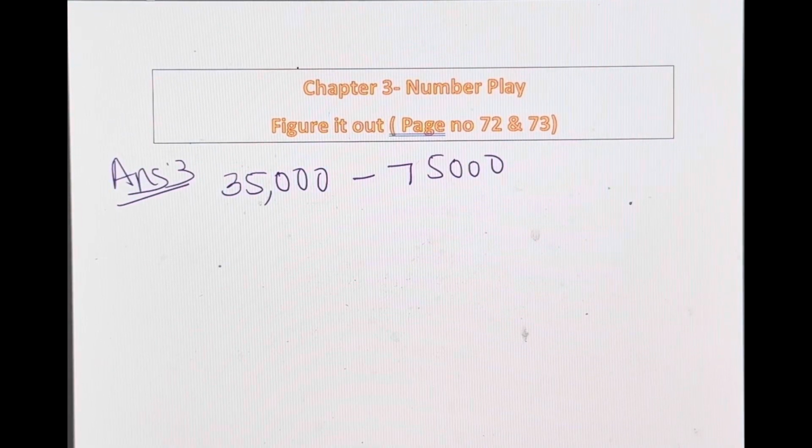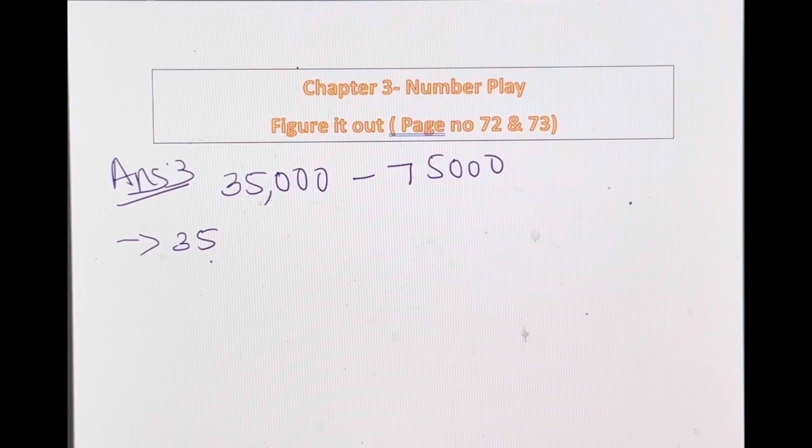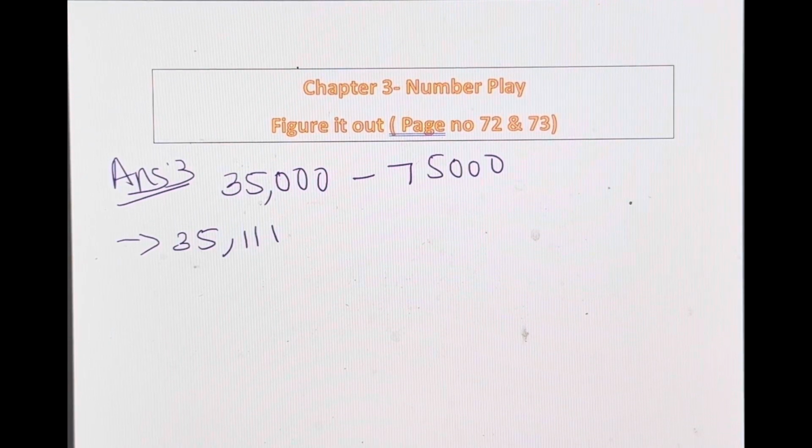If we want all the digits to be odd, then 3 and 5 are both odd, so we keep 35. We can't take 0, 0 because 0 is even. So it will be 1, 1, 1. That would be the first number. After 35 we can't take 0, after 0, 1 comes. So 35,111. This is the smallest number.